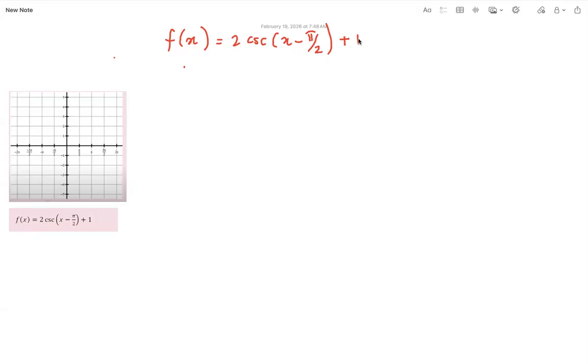Phase shift of pi by 2 to the right. Now, this is a sine graph. The phase shift: draw the sine graph, move the midline. 2 is your amplitude.